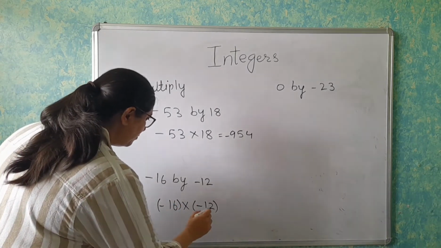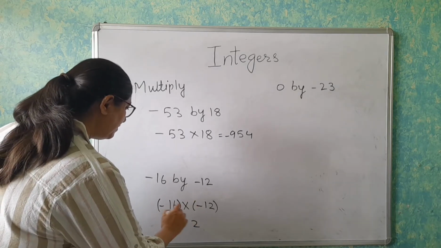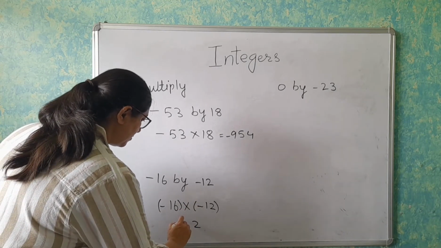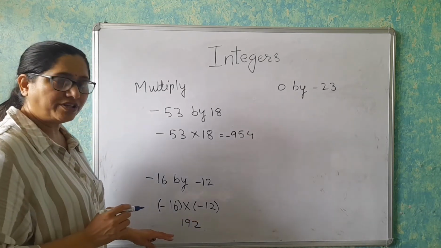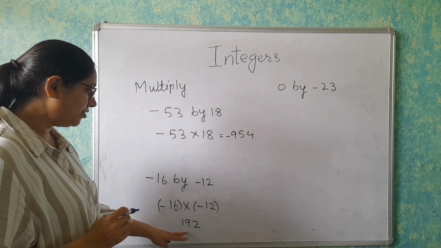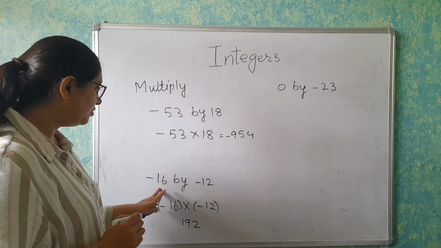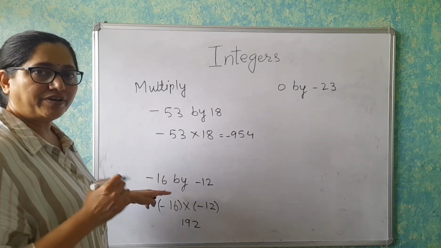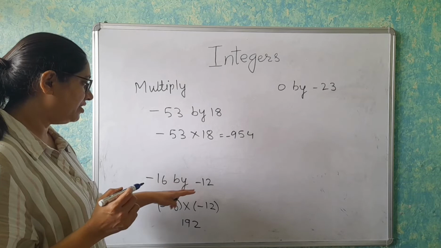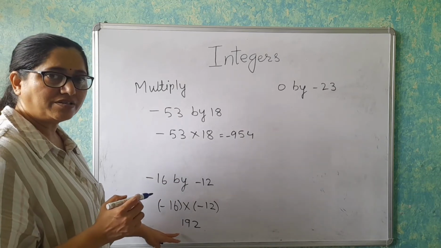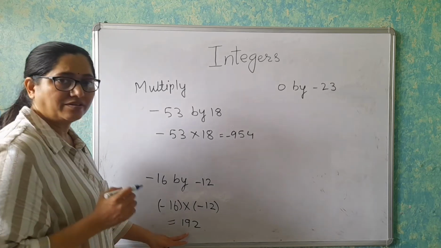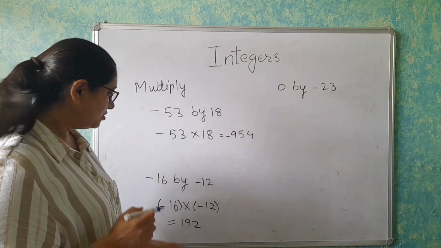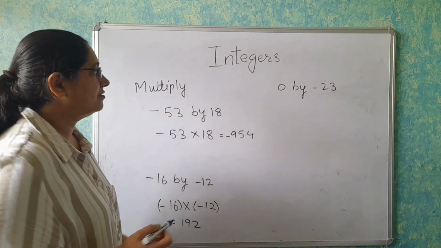So I will write 2 and 1 is carried. 2 ones are 2 plus 1. 192. Now I have to decide what sign I should put in our answer. See, both the integers are negative and whenever we multiply two negative integers, our answer is always a positive integer. So I don't have to write any sign in our answer.